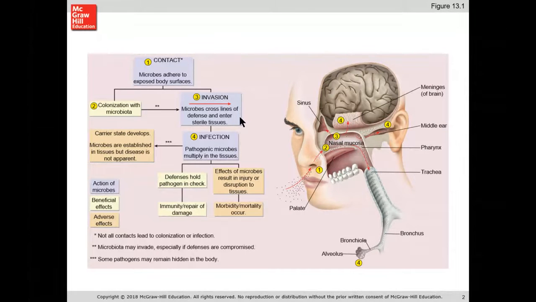So for example, if we would have succeeded in not having this step take place, that would be, for example, the bacteria were caught in the mucus, and it was swiftly enough moved to the throat, and we swallowed it, and our stomach acid killed them. Okay, so in that case, we would have avoided step 3. But step 3 assumes that we have made contact here, and they have successfully then infected us.